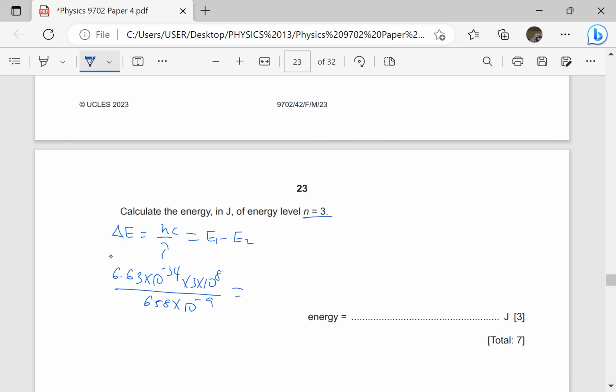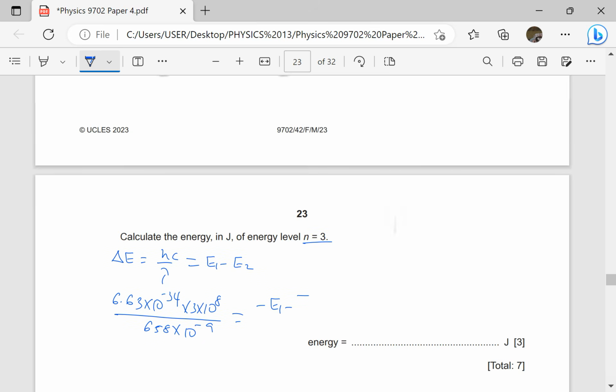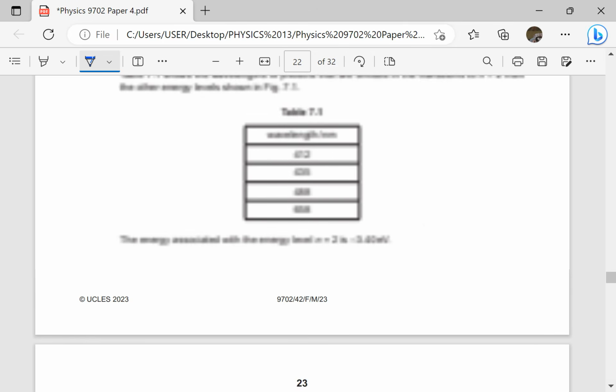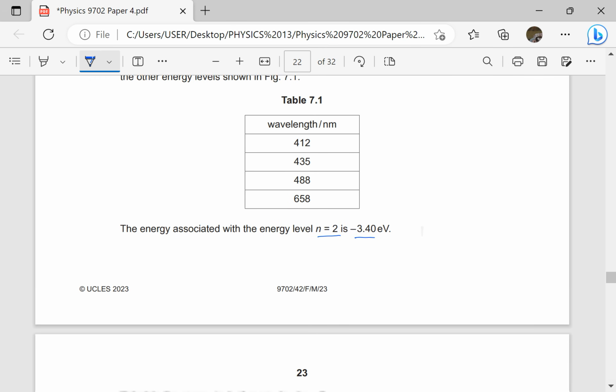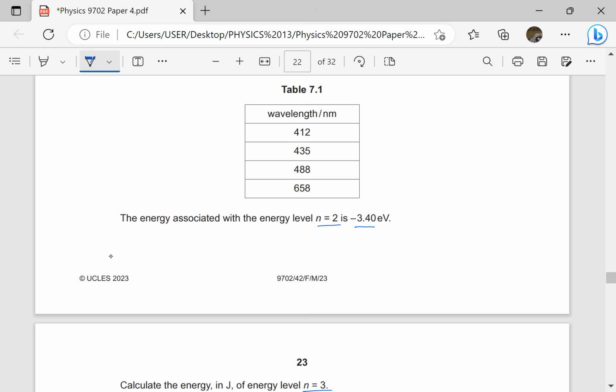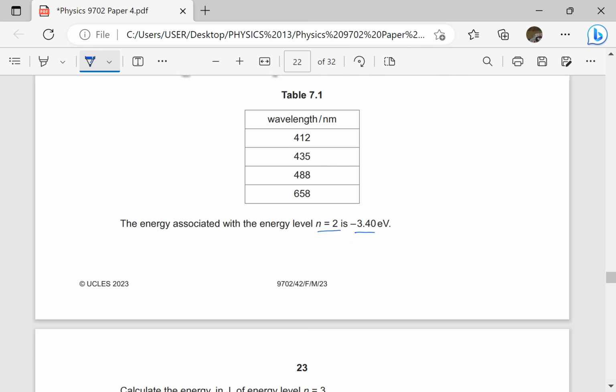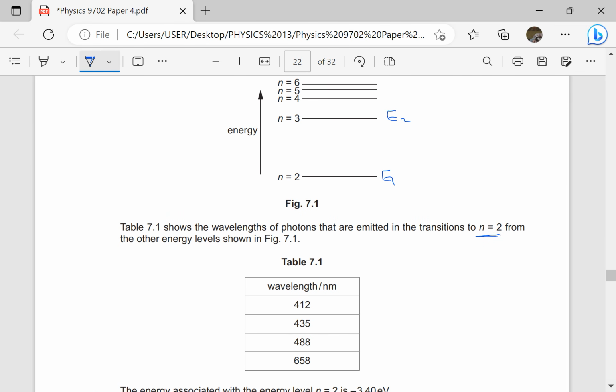Remember energies are negative, so this will be E1 minus negative E2, and E2 was given as 3.40.